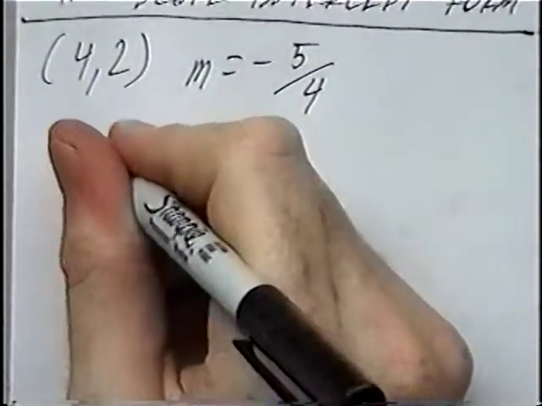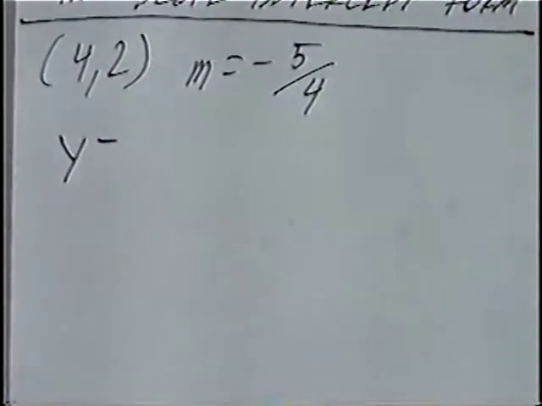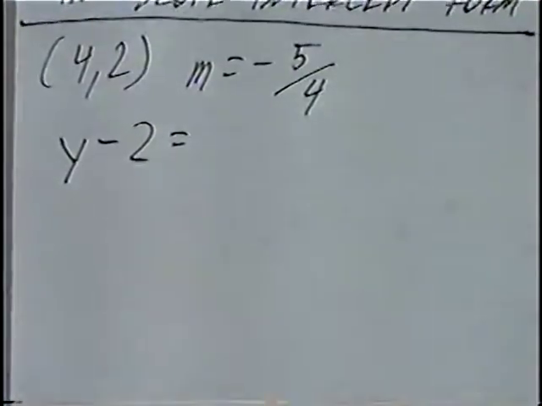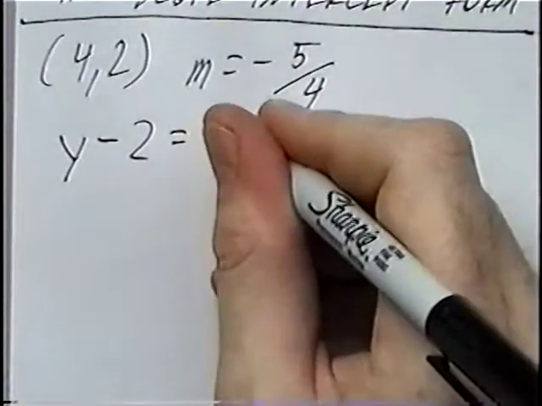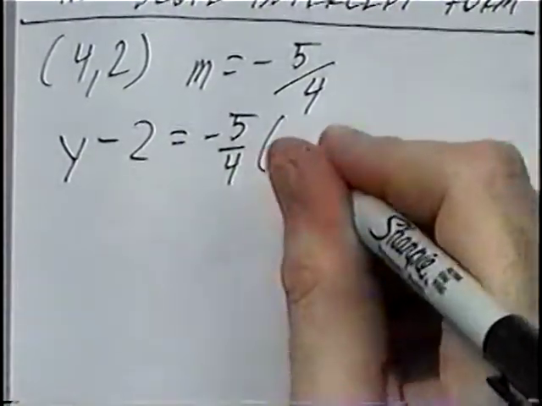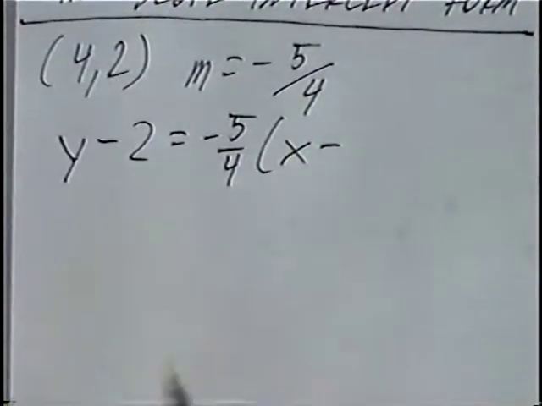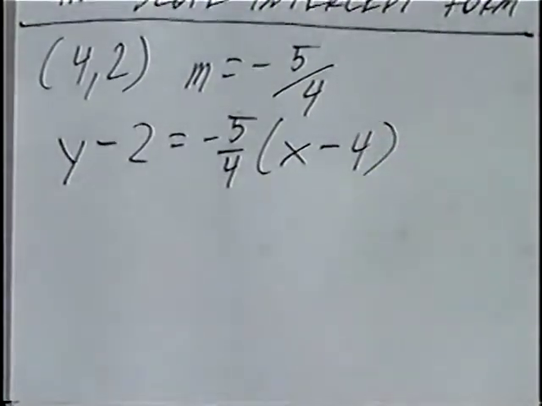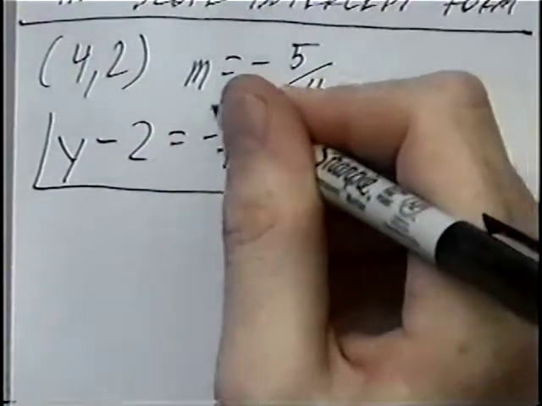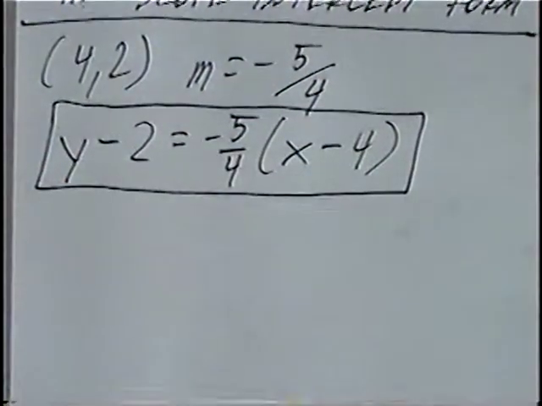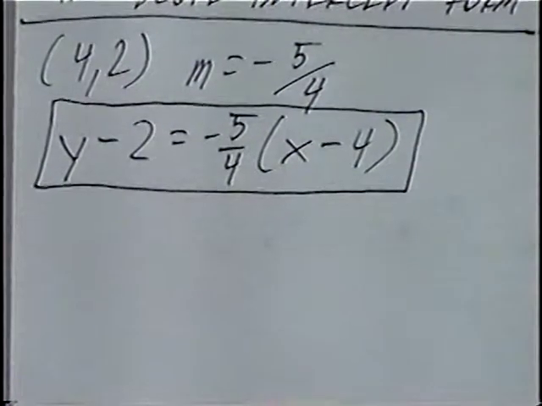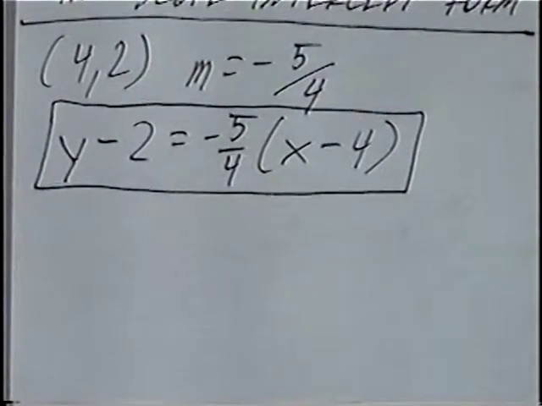The equation is y minus the y value, which is 2, equals m, in this case -5/4, times parentheses x minus the x value, which is 4. So our first equation is y minus 2 equals -5/4 times the parentheses x minus 4. This is the equation in point-slope form.